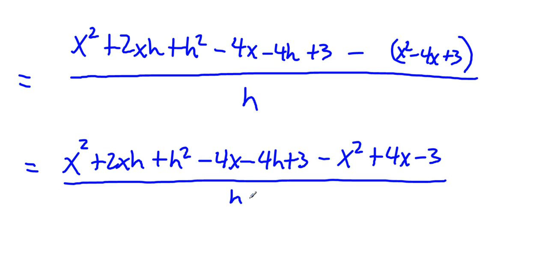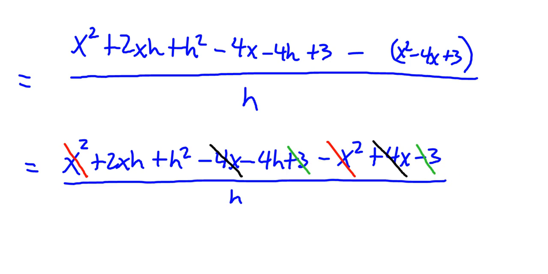Okay, the only good news that comes from this one is that whenever you do the difference quotient, anything that doesn't have an h goes away. That may not be a whole lot of good news, but that's the best news you can get from this one. Here's your x squared term. There's another x squared term that's a minus, so that one goes away. You've got a minus 4x here and a plus 4x here. You've got a plus 3 here and a minus 3 here.